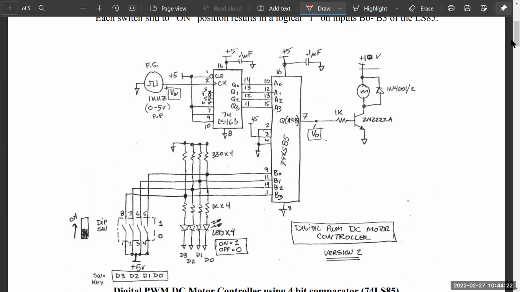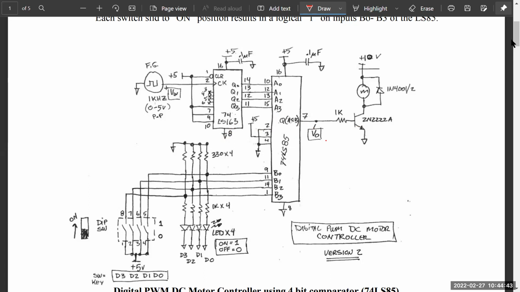VO comes from pin number 7 of this chip, and it goes into the base of that transistor. So we are working our way backwards from the output towards the input. The DC motor is connected to the transistor, and the transistor is connected to the output of this chip.